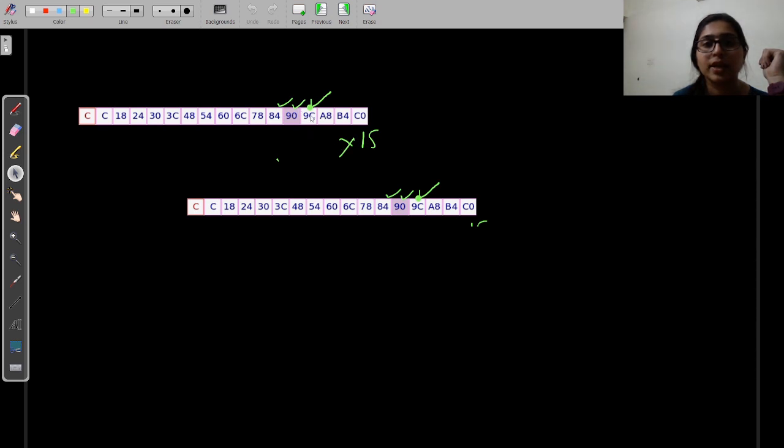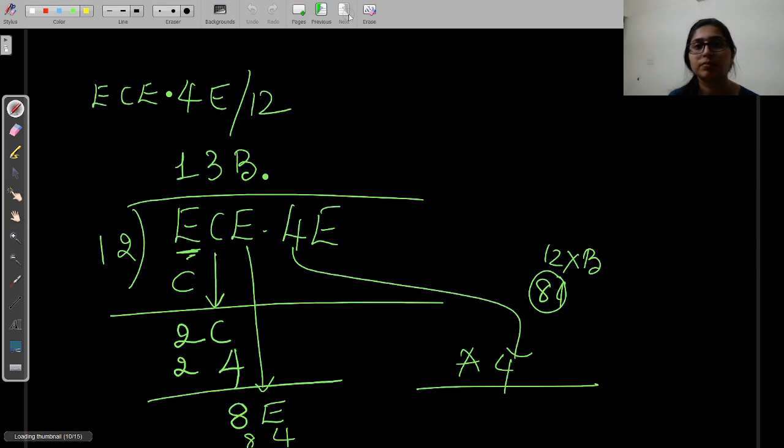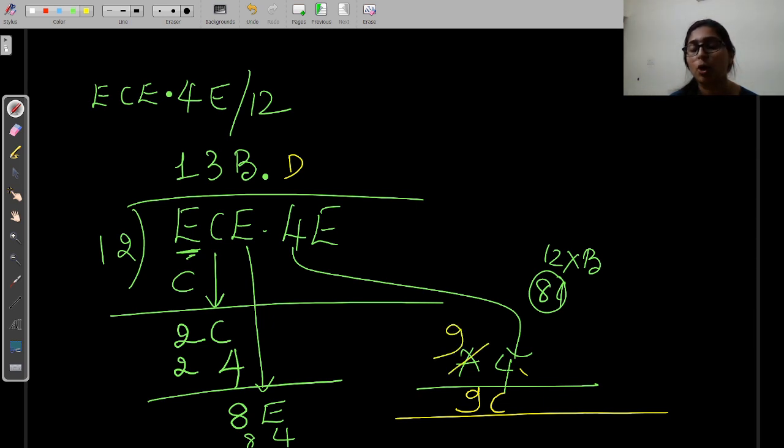See, 9C is, this is 10, this is 11, this is 12, this is 13, so it is D. Subtract this now. You cannot subtract C from 4, so I will take a borrow, which is equal to 16, 16 plus 4 is 20, 20 minus 12 is 8.